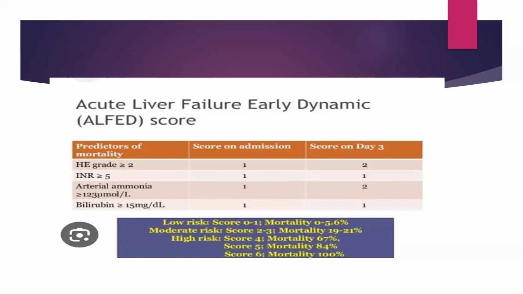If the score is between 0 to 1, then it is a low score, mortality is 0 to 5.6%. If it is a moderate score, then the score is 2 to 3 and the mortality is 19 to 21%. If high score, then the score is 4, mortality 67%. Score 5, mortality 84%. Score 6, mortality 100%.